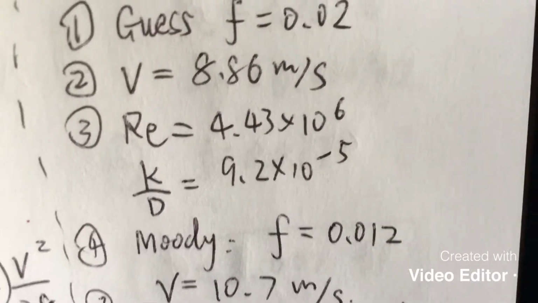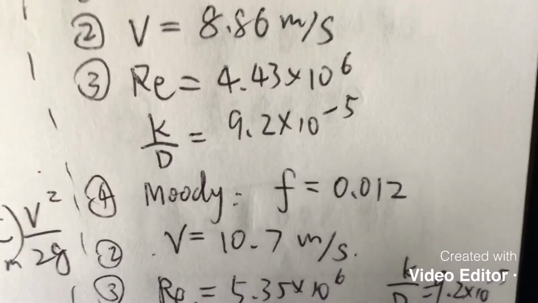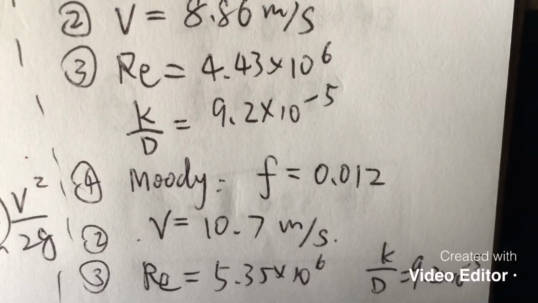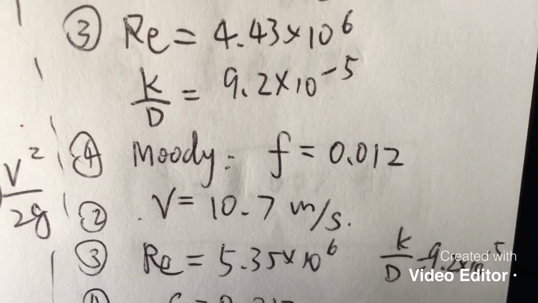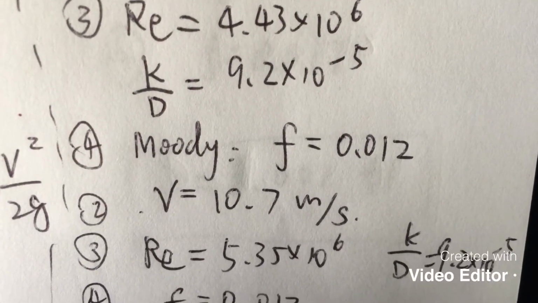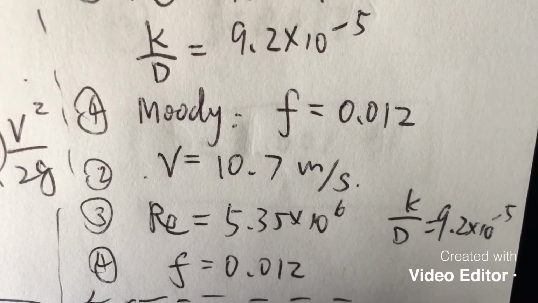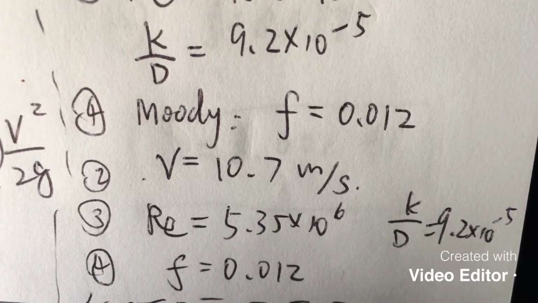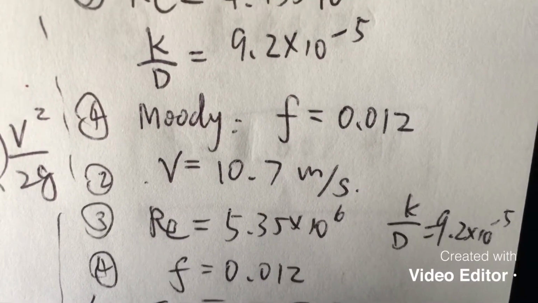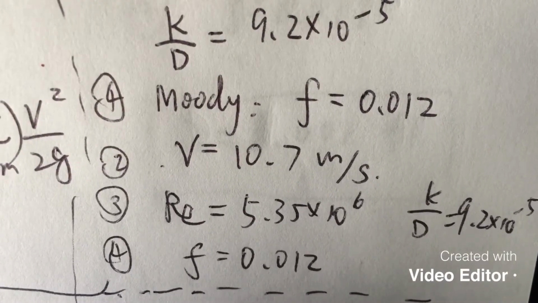After 4, I put down step 2 again because that's repeating the process. Then the Reynolds number based on the new velocity, and the surface roughness is the same. So you can go to the Moody diagram again. Now the F is still equal to 0.012. A little change of the Reynolds number doesn't change the F value much.